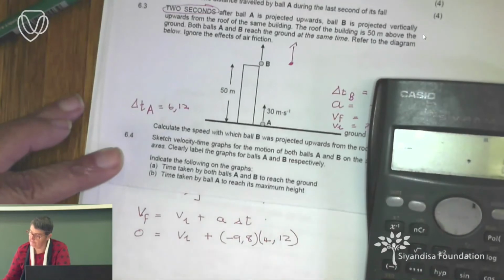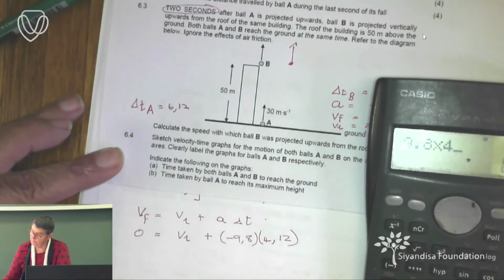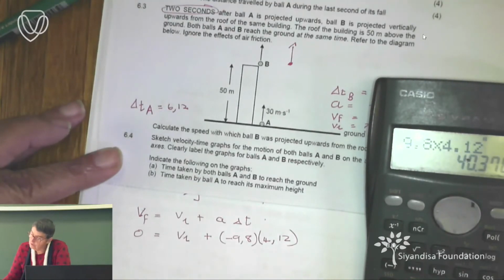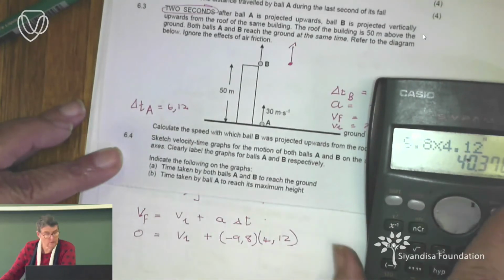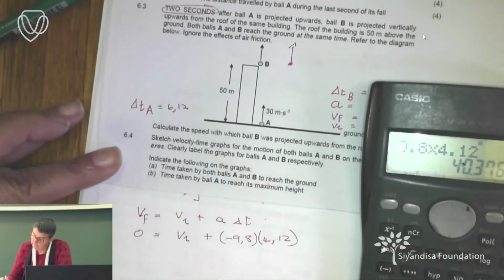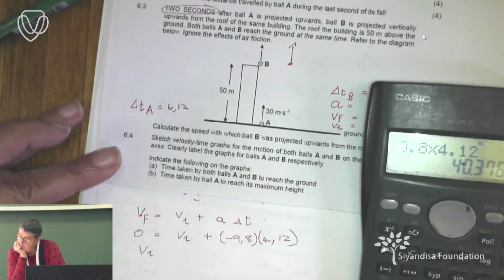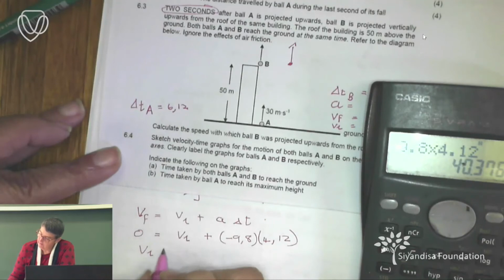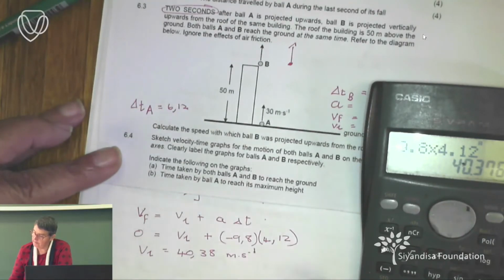Okay, and that should give us 9.8 times 4.12. So that should give us that VI is equal to 40,38 meters per second.